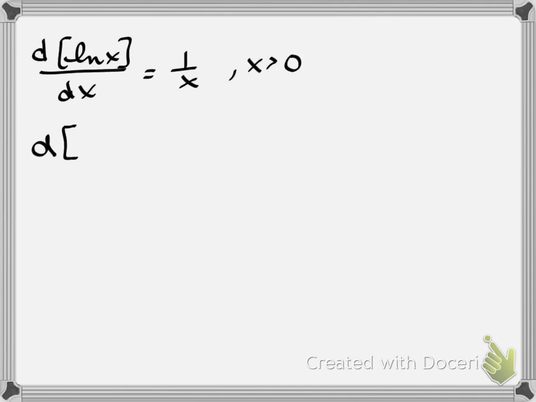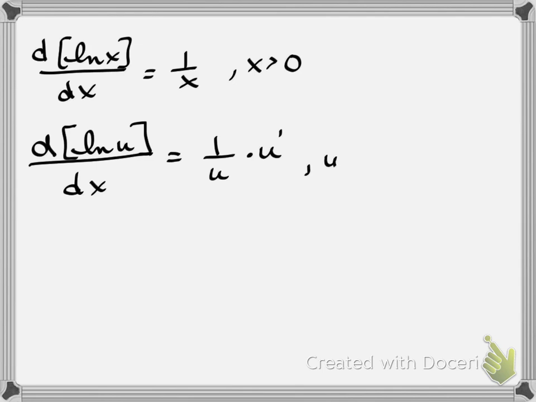And its cousin, which is more handy, is the derivative of ln of u with respect to x is 1 over u times u prime, as long as u is greater than 0. So these are the 2 properties. There were 3, but we're not going to get to it yet. So let's see how to use it.